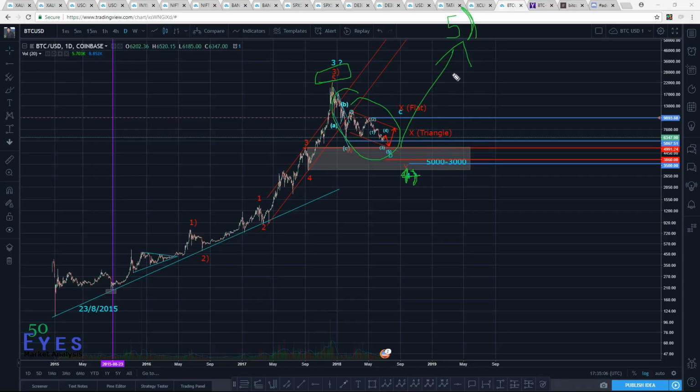In the other scenario, that is if this wave 3 bracketed is still continuing, we will have wave 4 of one lower degree, and then wave 5 for completing the wave 3 bracketed here. So basically both the scenarios are saying one main thing, that we have this correction, and after this correction we should have one leg up, which should take us higher than the last high, which was around 21,000 or something like that.